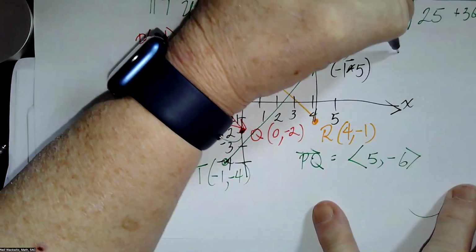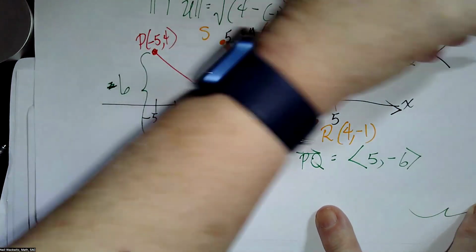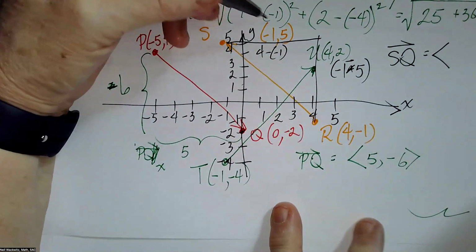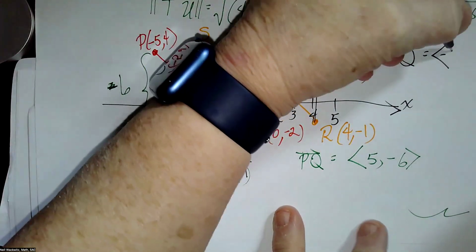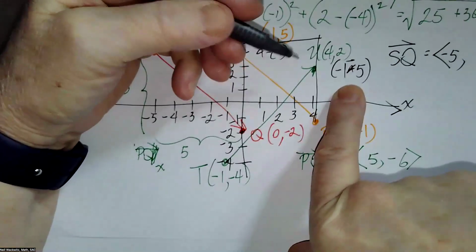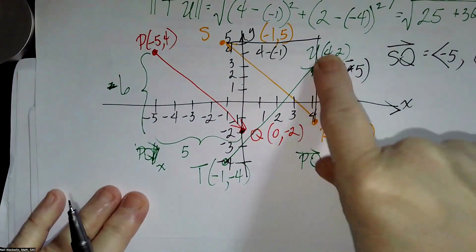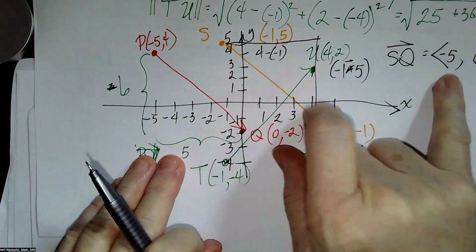So we would say that SR is -5, 6, because we go up 6 units and we go back 5 units.